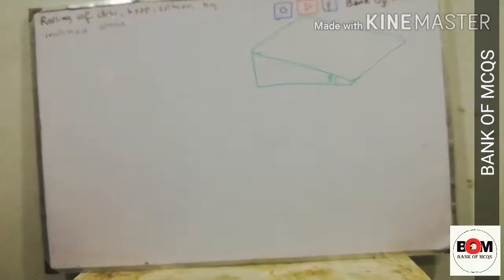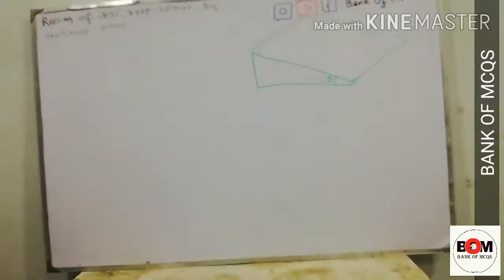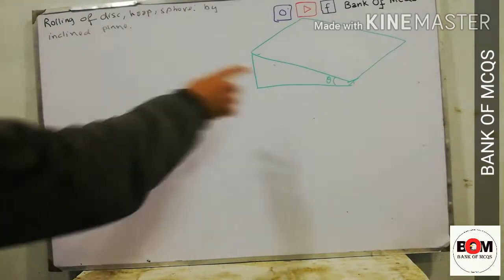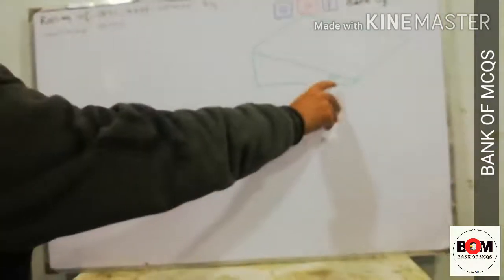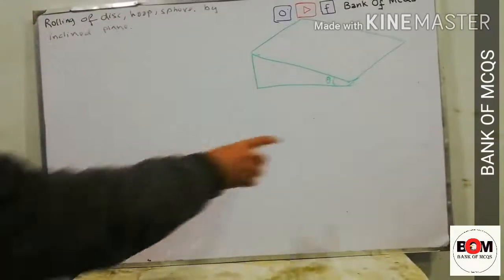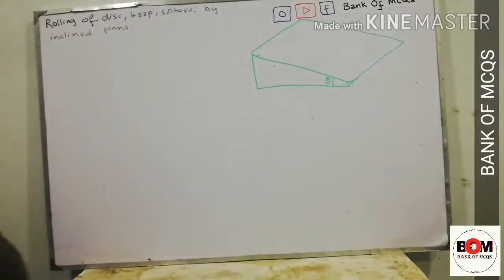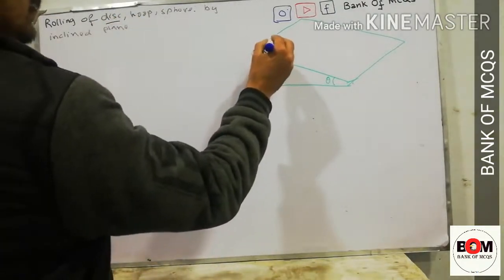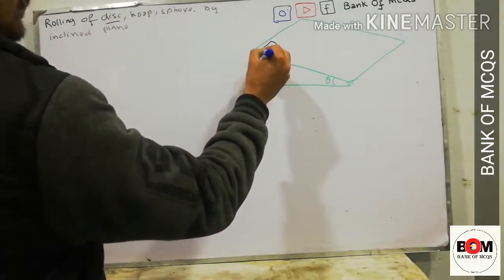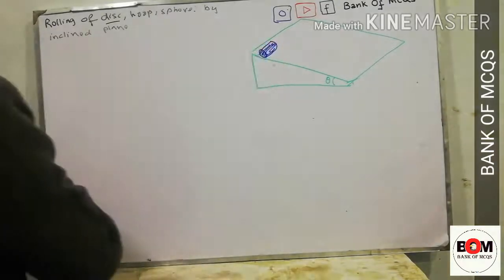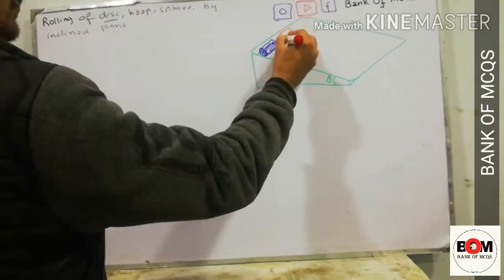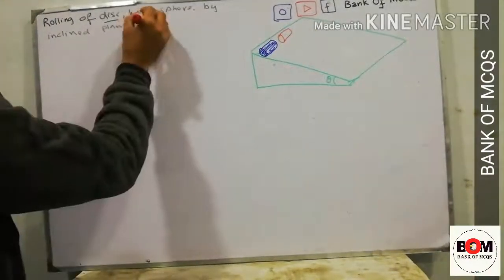So now is rolling of disc, hoop, sphere, which are going downward on an inclined plane that makes an angle theta with the plane surface. So we have an inclined plane, and three bodies. The one is a disc that is moving downward, the other is a hoop, meaning a hoop or thin wall cylinder.